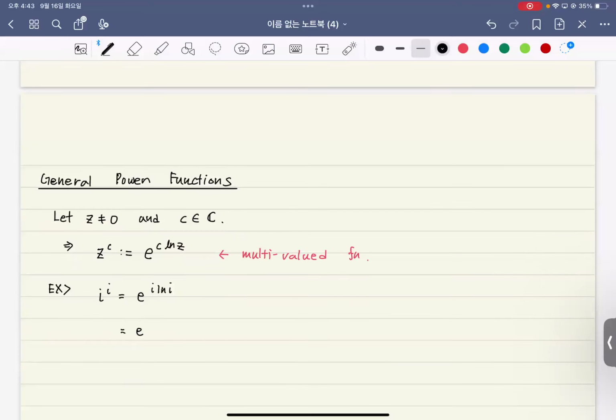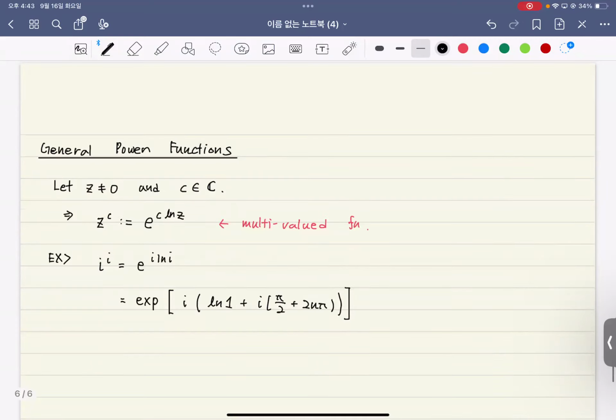So exp of i times ln of 1 plus the argument of this guy, which is pi over 2 plus 2 n pi.